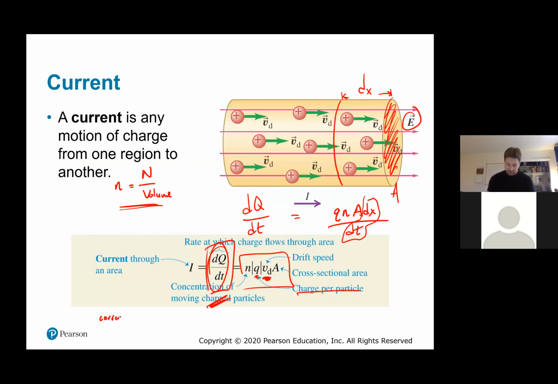Current has the dimensionality charge per time, so it has the units of coulombs per second. We can define that as amperes, or just amps. 1 coulomb per second is 1 amp, 1 ampere of current. Okay, so I is coulombs per second.